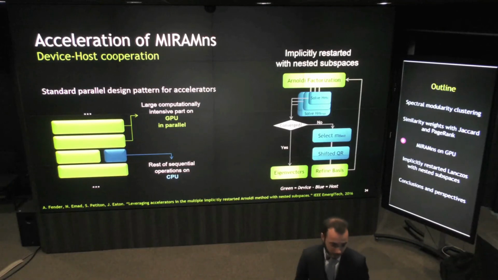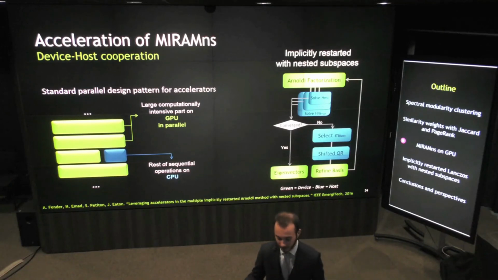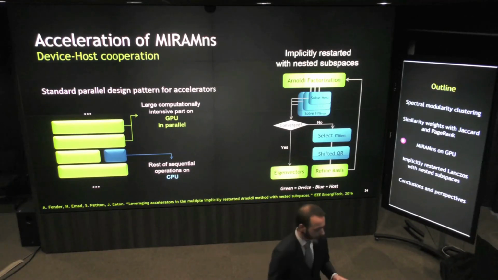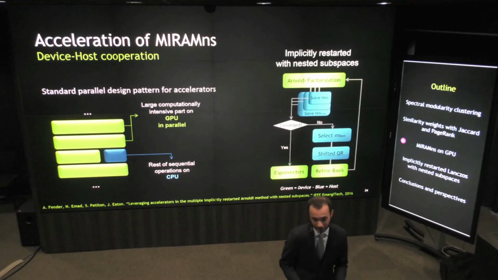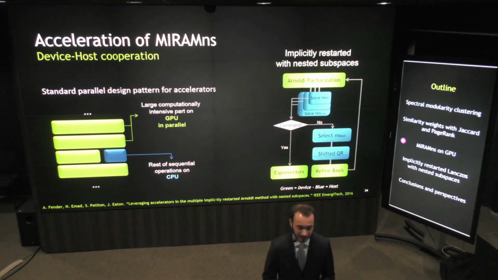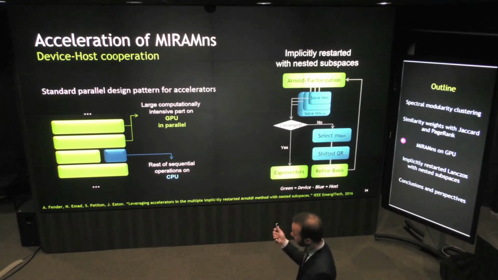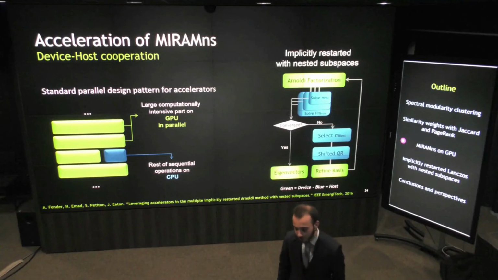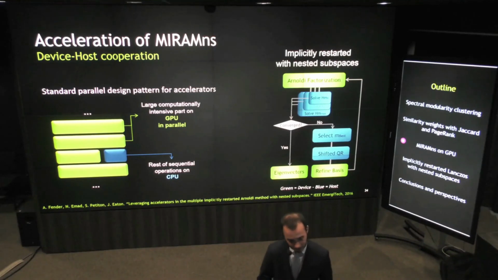Usually, clustering is part of artificial intelligence and machine learning applications. For example, spectral modularity maximization is one way of integrating multiple implicitly restarted Lanczos into AI and so on. But I guess you had something else in mind.